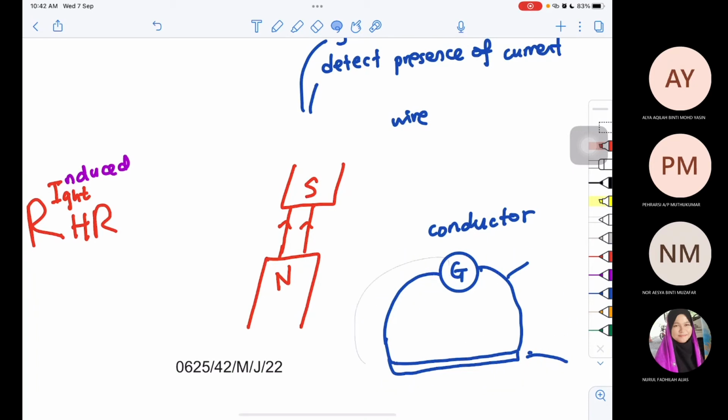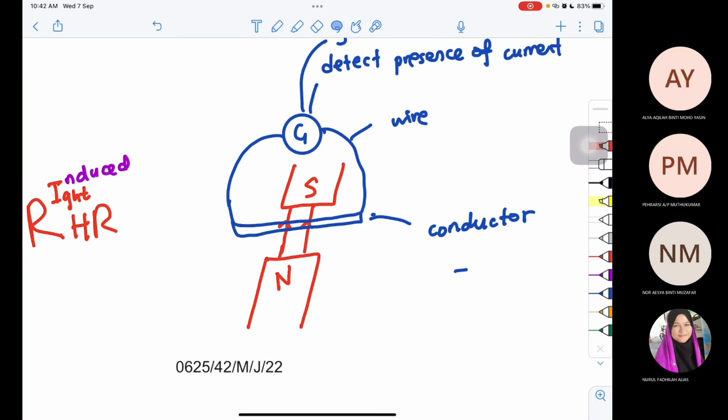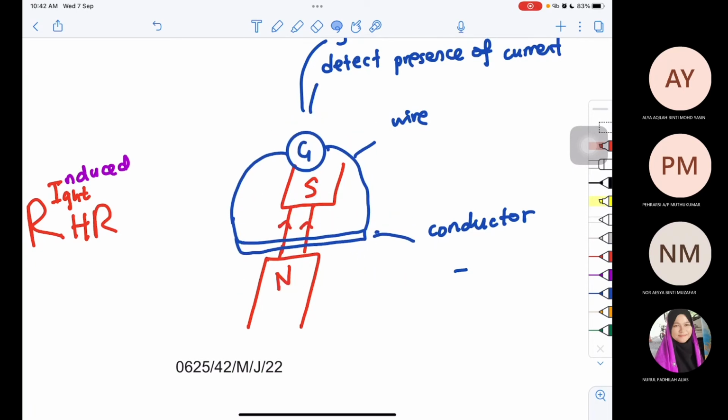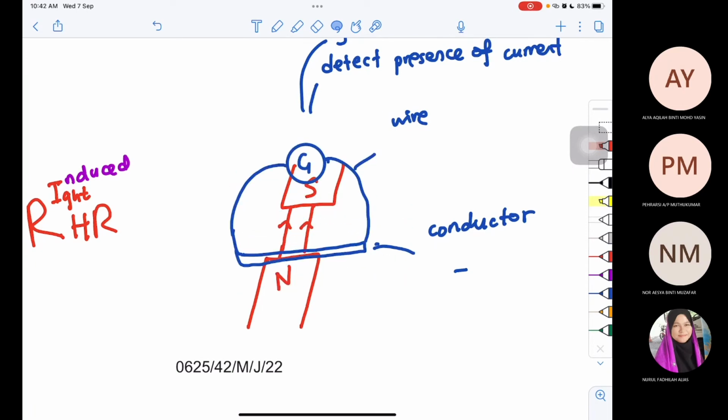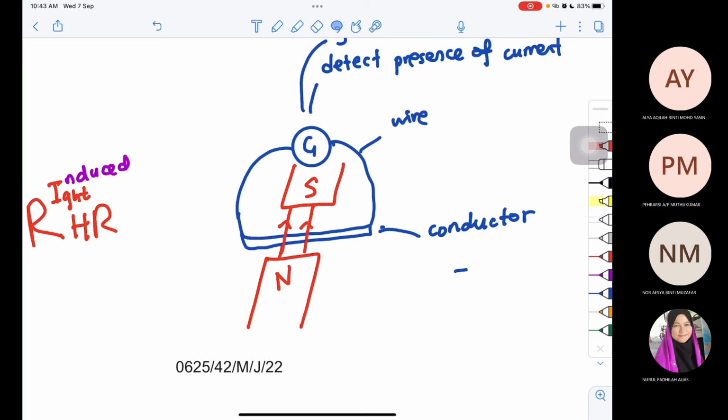Okay, bila kita bawa ni, kita seolah-olah the conductor tu potong the magnetic field lines. Nampak tak? Okay, so bila ada cutting of magnetic field lines tu, dekat situlah kita ada process of induced current.